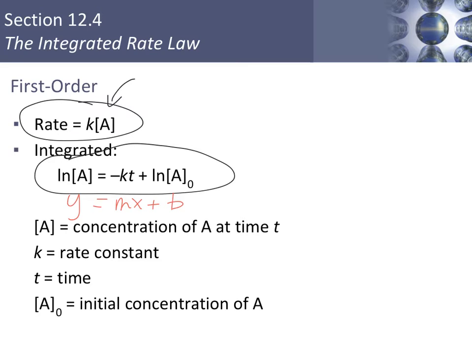If you plot the natural log of the concentration of A on your y-axis and time on your x-axis, then the slope is equal to negative k, and our y-intercept is the natural log of the initial concentration of A. So for a first order reaction, whenever you plot the natural log of the concentration versus time, you should always get a straight line. So we often use this to see if the reaction is first order.